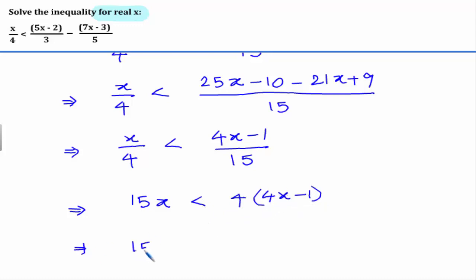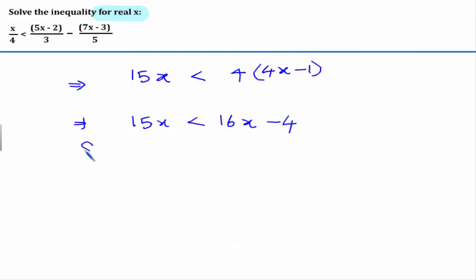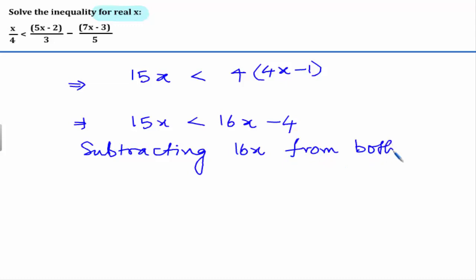This will give us 15x less than 16x minus 4. Now by subtracting 16x from both sides, we get 15x minus 16x is minus x less than minus 4.